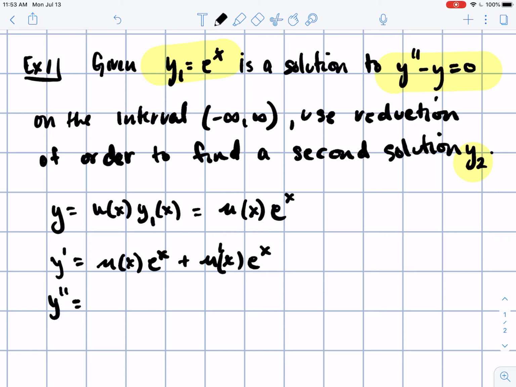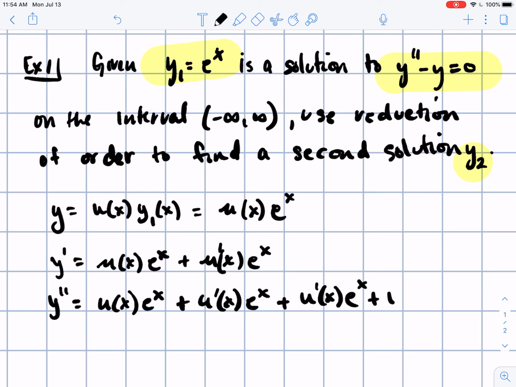Second derivative is going to be u of x, two product rules, so u of x e to the x plus u prime of x e to the x, and then plus u prime of x e to the x plus u double prime of x e to the x.